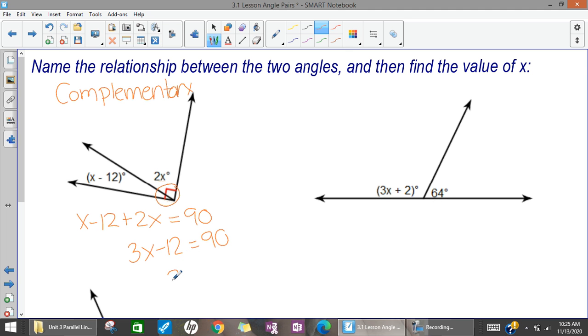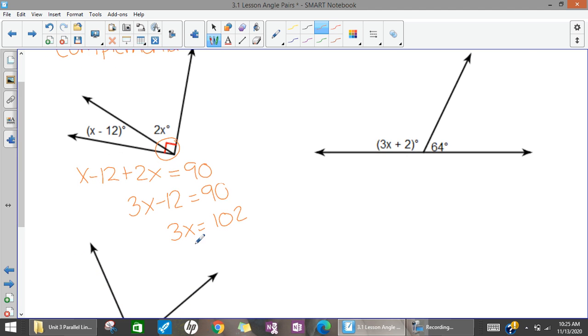I'll add 12. And then I'll divide by 3, and I will get 34. So x is 34. So I established that they were complementary angles because they add to 90. I know the relationship means they should add to 90, and I can use that to write an equation and find x.